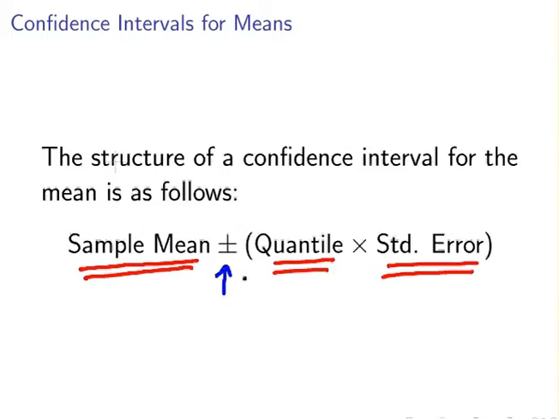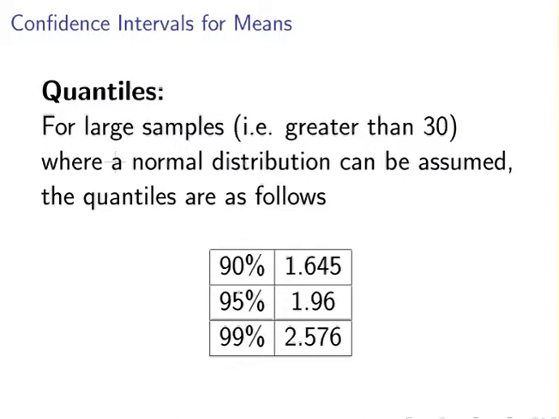So what we have to do first is, let's look firstly at the quantile. Now these values are determined using statistical tables in many courses, but in other courses it just requires learning off a couple of numbers. So for large samples, where samples are greater than 30 and where a normal distribution can be assumed, the quantiles are as follows.